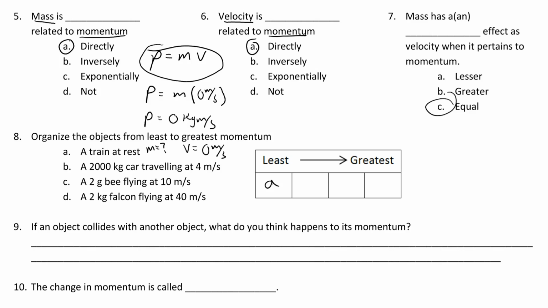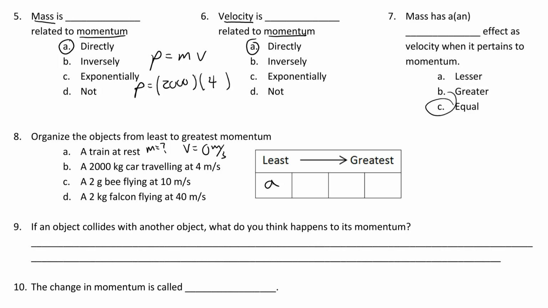Okay, let me erase some of this stuff. Now we have B, a 2,000 kilogram car traveling at 4 meters per second. So you get a momentum of 8,000 kilogram meters per second. Then you have a 2-gram bee flying at 10 meters per second.